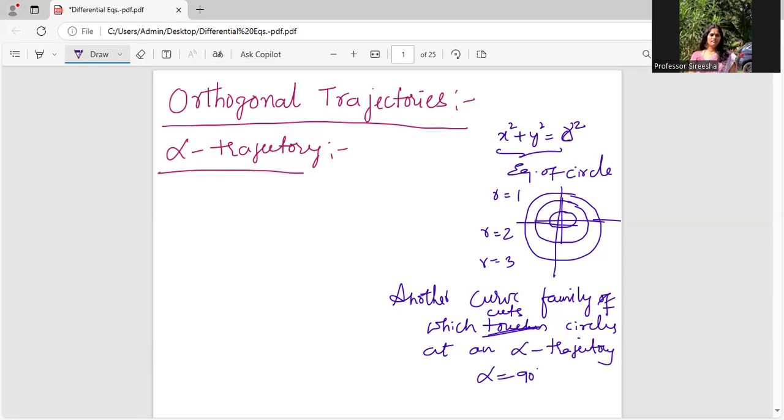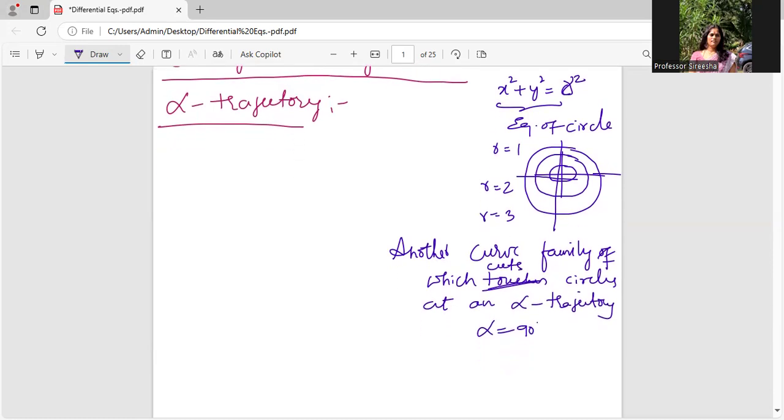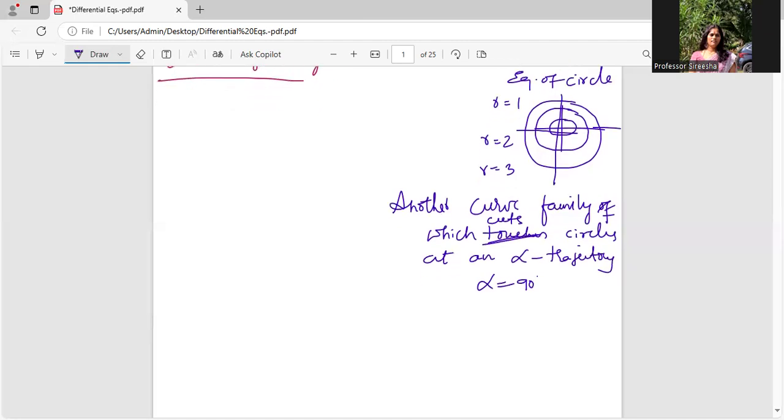So how do I know that there is an angle alpha or 90 degrees? See, basically, guys, curves are curvy in shape, right? Now, how do I find the angle between a curve and another curve that is touching it?